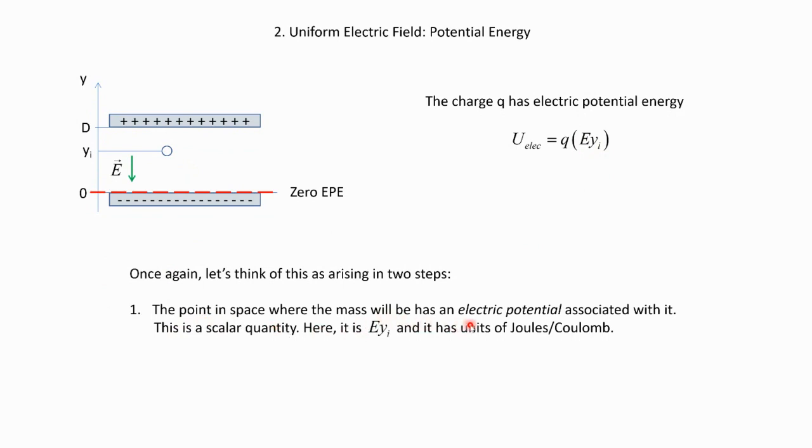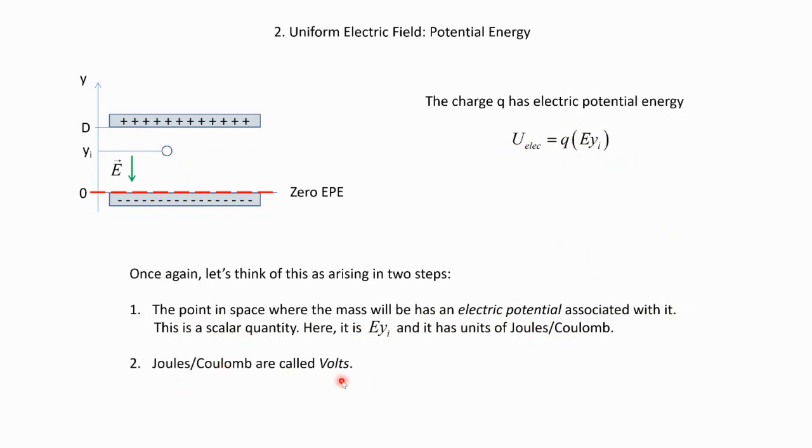That point in space where the mass will be will have an electric potential associated with it. And it's a scalar quantity, it's not a vector. And it's this part of the formula. It is E y_i. Notice that it has units of joules per coulomb. Multiply this by the coulombs of the Q, and you'll get the joules of the electric potential energy.